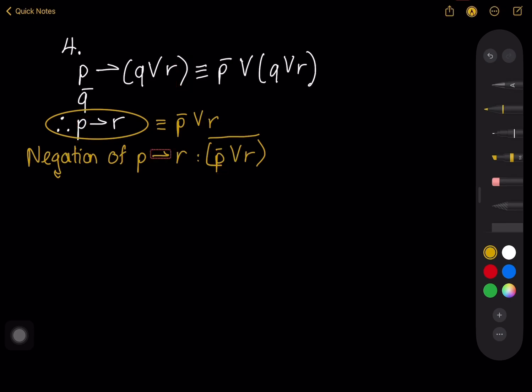All right. According to De Morgan's law, we have something like this: not P and not R. All right. I'm gonna put De Morgan's law.